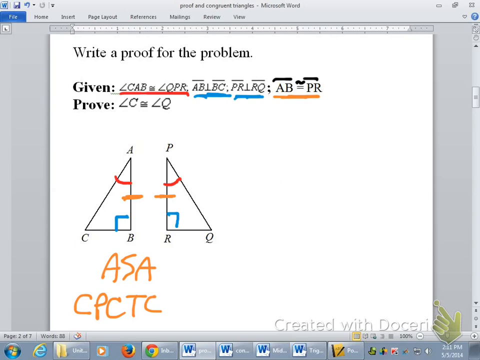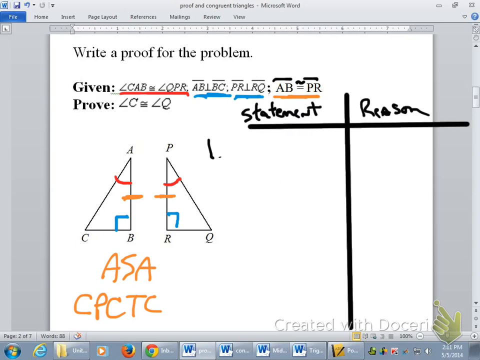Let's make it work. I can talk about what they gave me, which was angle CAB is congruent to angle QPR. And that was given to me. So the reason I know is because it was given.